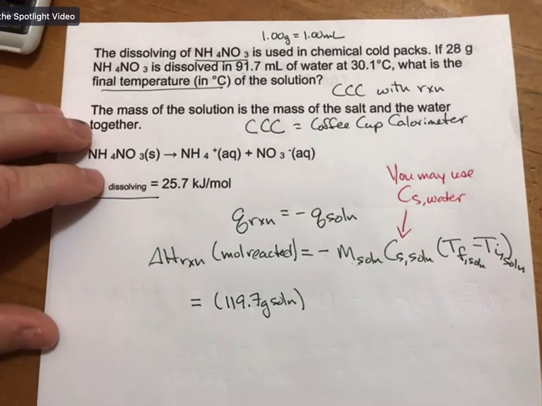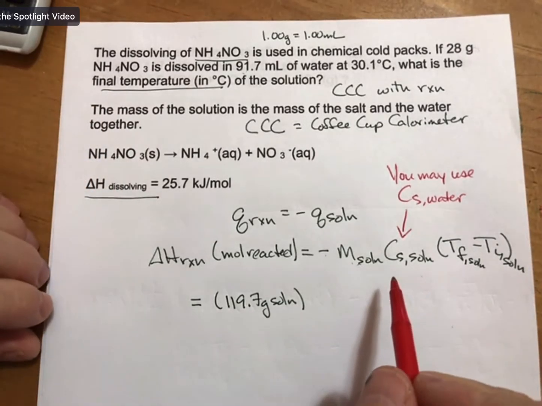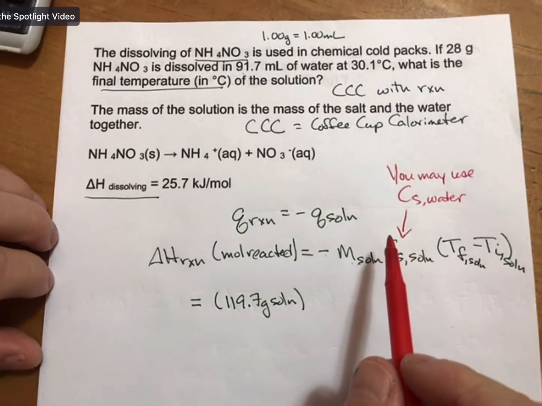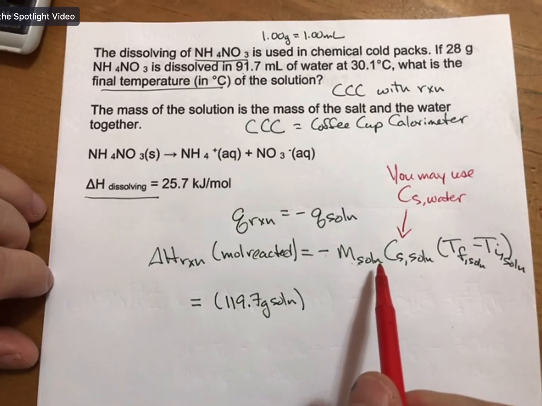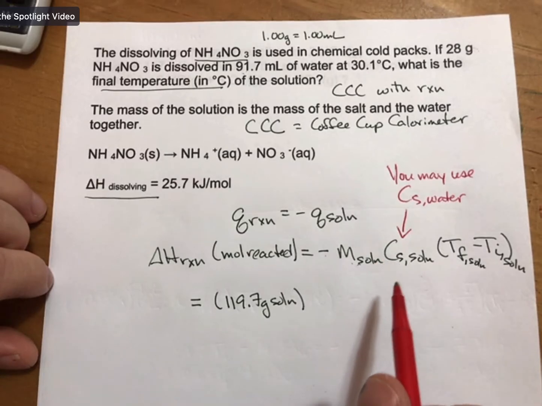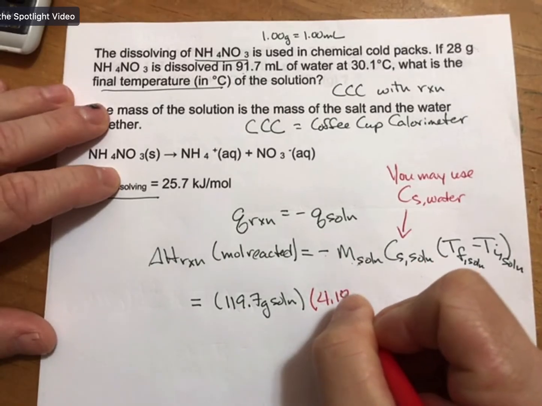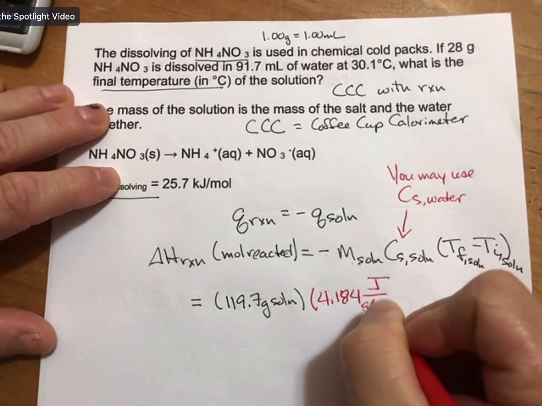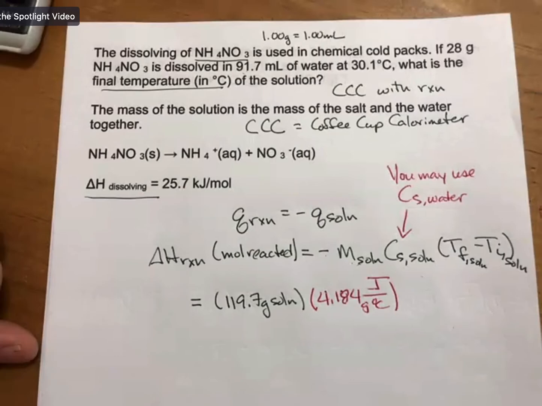That's because the solution is usually mostly the solvent water, so the properties will be similar to water, and we may use it. So now I'm going to put in 4.184 joules per gram degree Celsius, and that number is on your conversion and equation sheet.